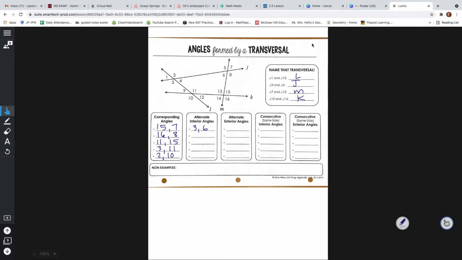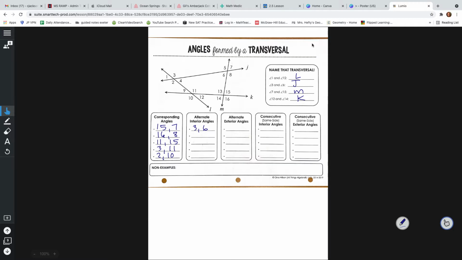But be speedy. Is there alternate interior? If I'm looking at here, I'm only looking at J, so these are irrelevant. No. We're looking at this. It's on the inside of these two lines. 3 and 6, opposite sides of the transversal, inside these two lines. So they don't have to be equal. No, not if the lines are not parallel.